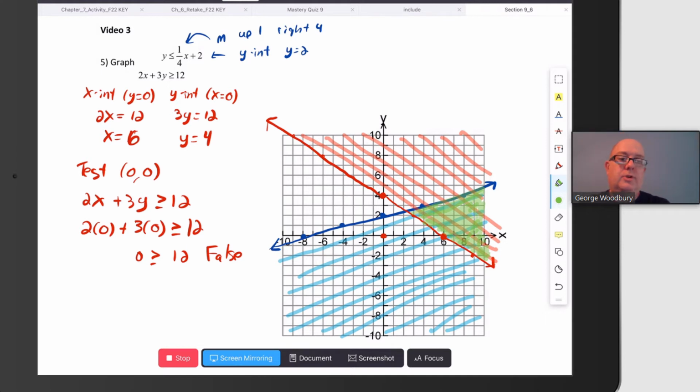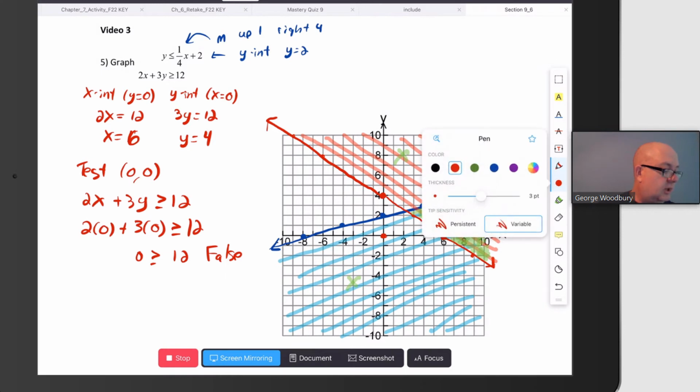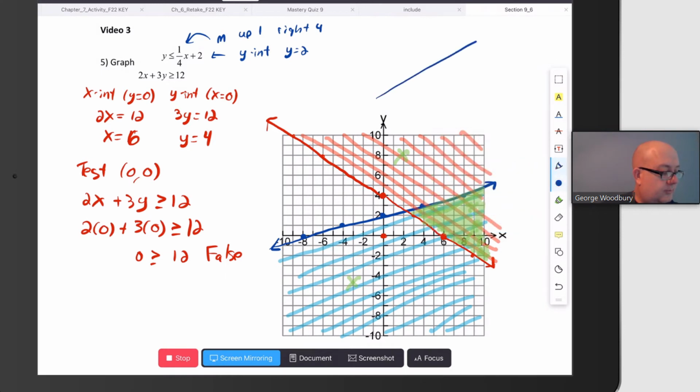So when you're producing the final graph, you would erase the shading that's there because it's not part of the solution, and you would erase the shading down here as well because it's not part of the solution. So what we would see is something like this, something like this, and then just that one region shaded.